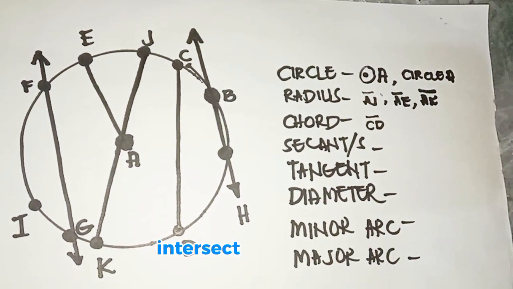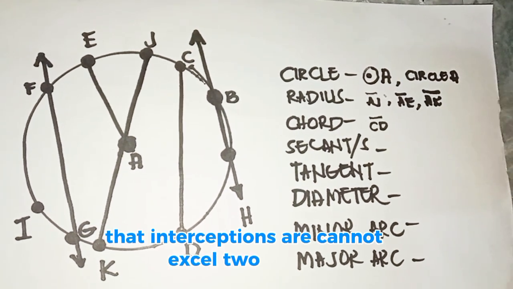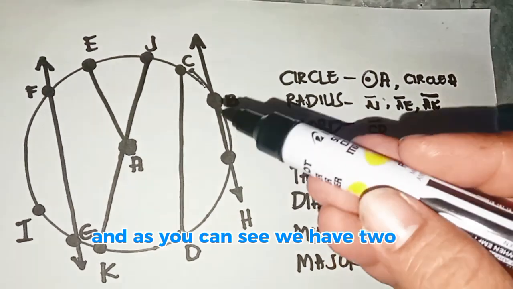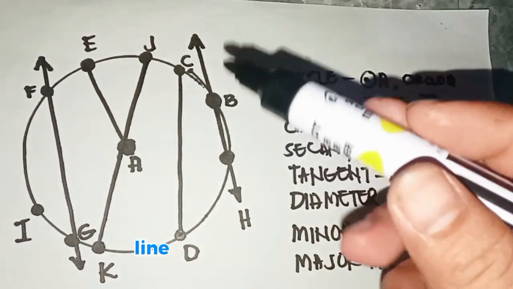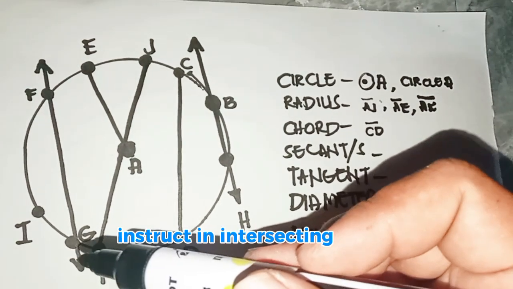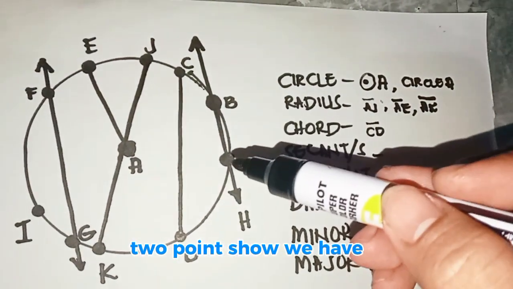Okay, next we go with the secant. A secant is a line that intersects the circle at exactly 2 points. As you can see, we have 2 points here, a line, and also a line here, intersecting the circle at exactly 2 points.